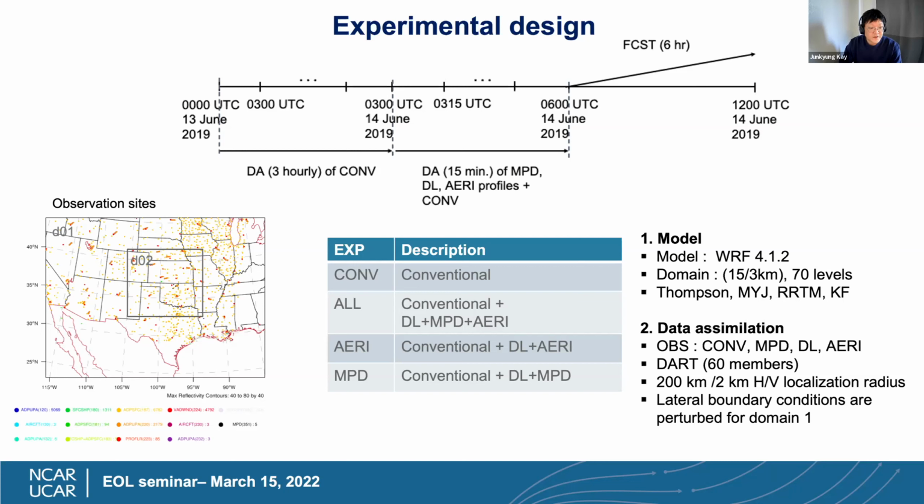First, we just assimilate the conventional observation, including the surface station data, zone and satellite wind, and other marine observation. We call this the conventional observation experiment. And we assimilated all conventional observation and the Doppler wind lidar, MPD, and AERI data. We call this the ALL experiment.